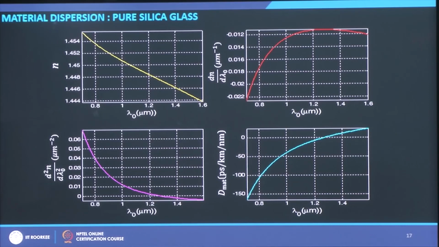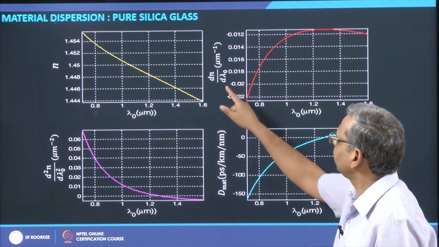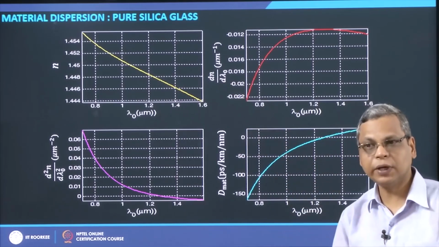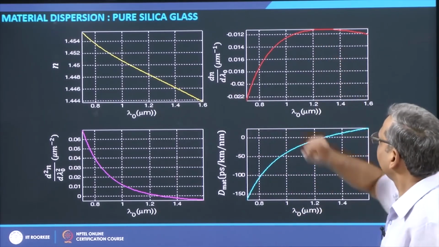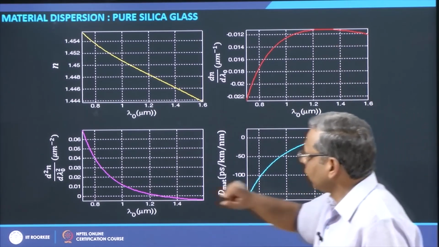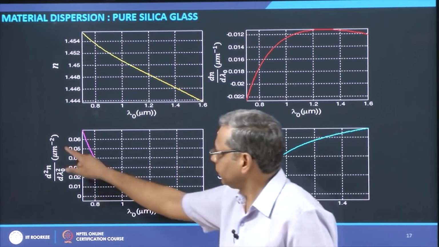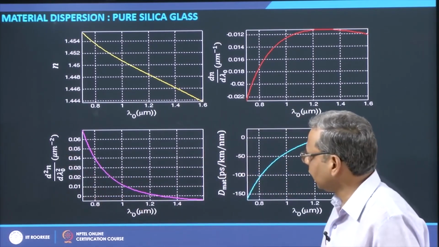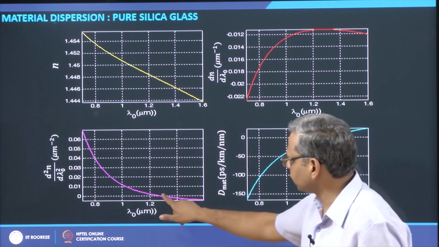Remember that in dispersion coefficient I need to have d2n over d lambda naught square, which means that it should cross 0 somewhere here. So now I plot d2n over d lambda naught square in micrometer to the power minus 2, and I see the variation looks like this, and it crosses 0 somewhere here.